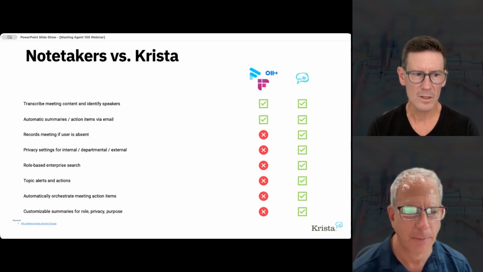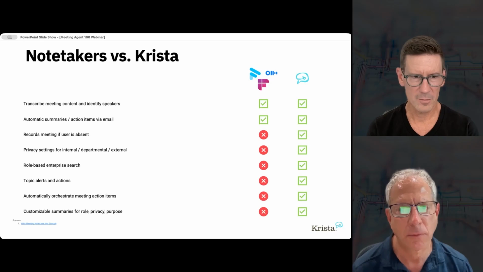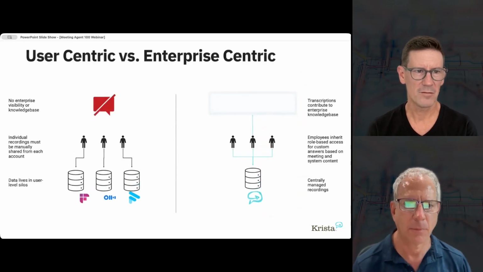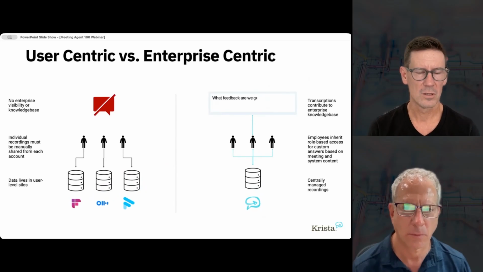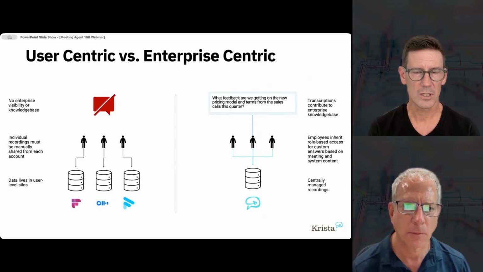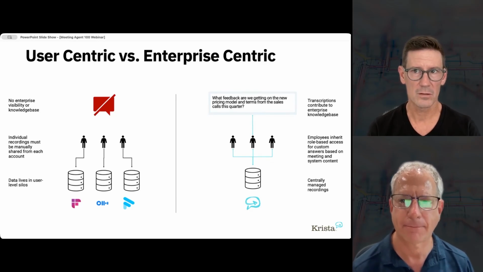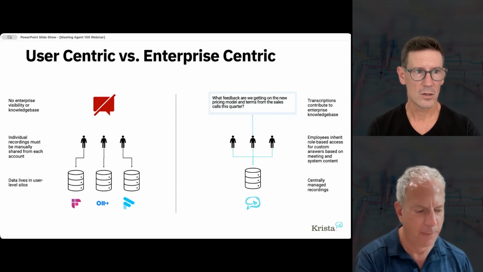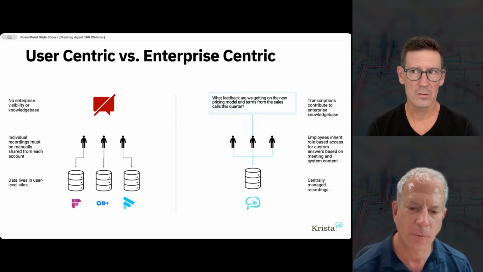If you want more, we have a complete article on the differences. But basically, the big difference is the architecture. The note takers are architected at individual user accounts, and you'll know this because everyone that signs up puts in their own credit card, their own account. Searching inside your own data is great, right?